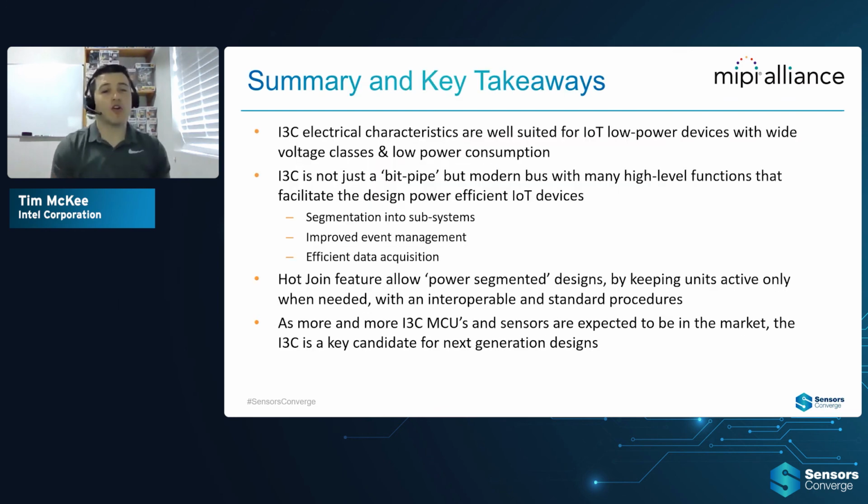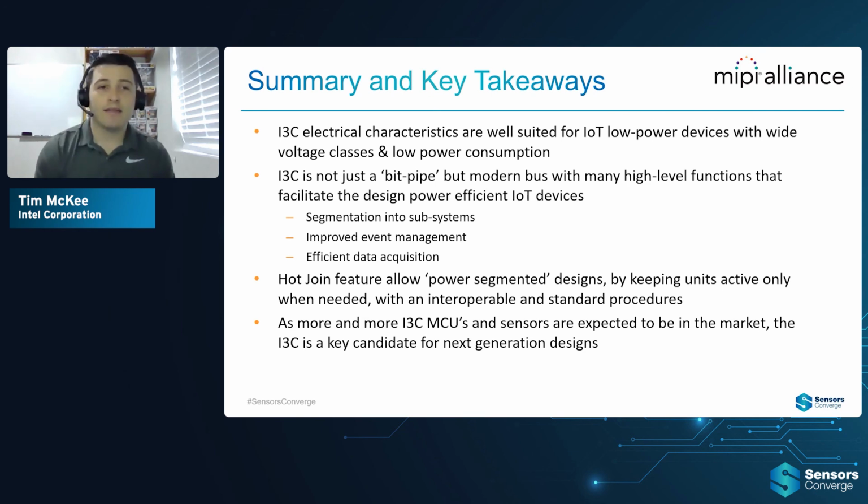So, summary, key takeaways. I3C electrical characteristics are very well suited for low power devices, the sensor ecosystem, low power consumption. I3C is not just a bit pipe, but it's a modern bus with very advanced features and great power efficiency through those features, through segmentation, event management, data acquisition efficiency.